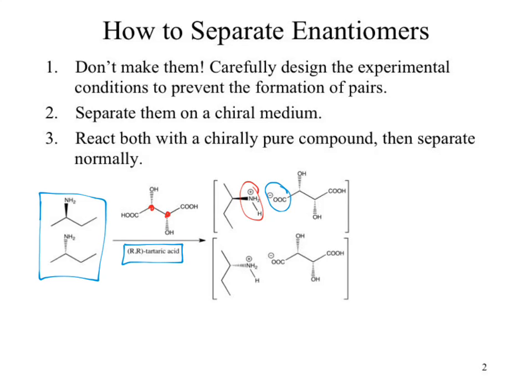What's the relationship between those salts? Well, we're comparing just our two possible products. They're not identical. If we tried to superimpose, let's take the bottom one and superimpose it.